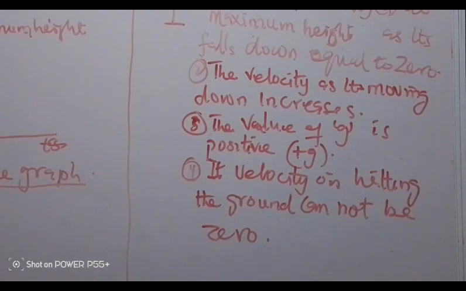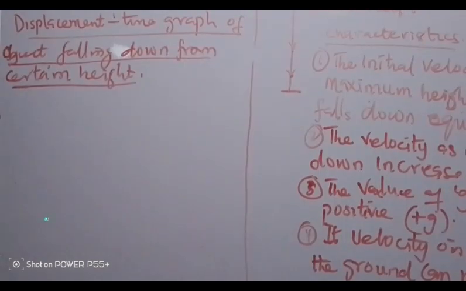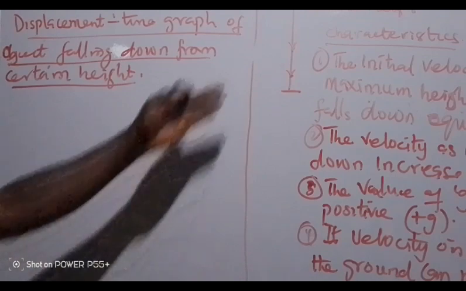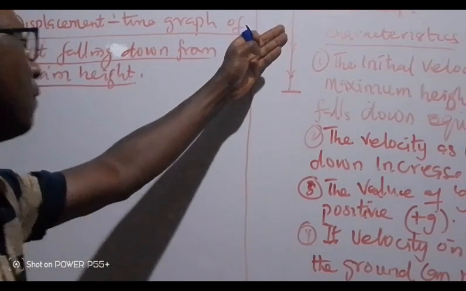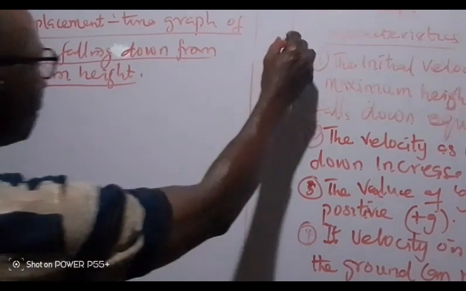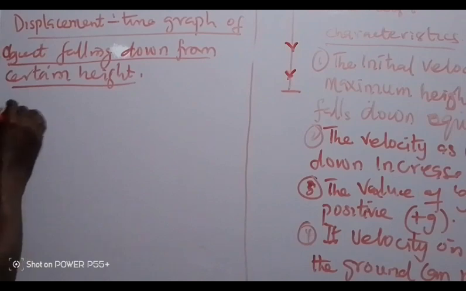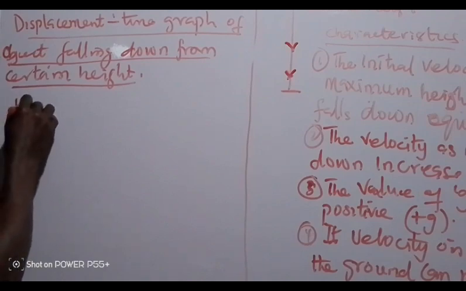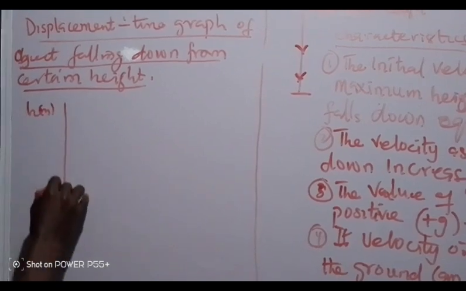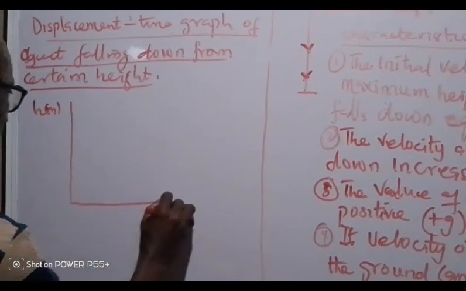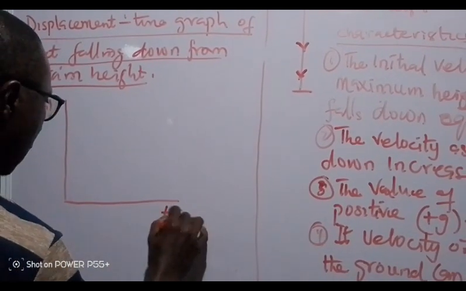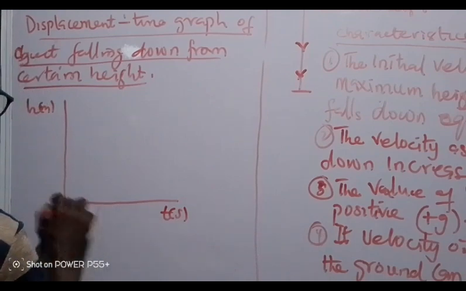Next is the displacement time graph of an object falling down from certain height. According to what we have on the board, that is how the object is falling down. The first thing is the displacement time graph, and that will be height in meters against time in seconds. This is 0, that's the origin.